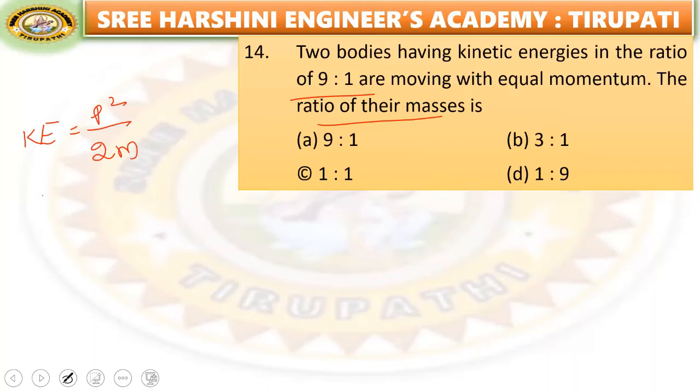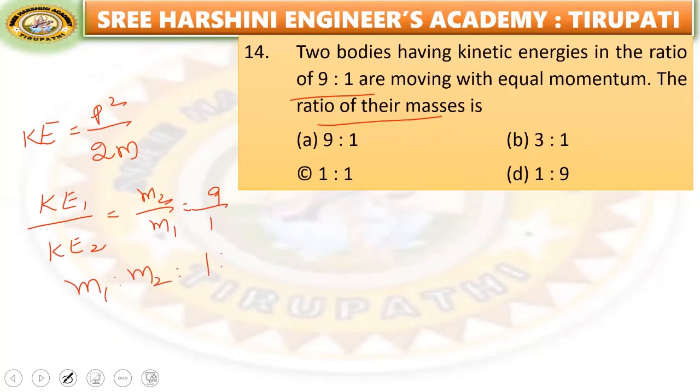So KE1 by KE2 is equal to m2 by m1, that is equal to 9 by 1. Therefore, m1 is to m2 is equal to 1 is to 9. So option D is the right answer.